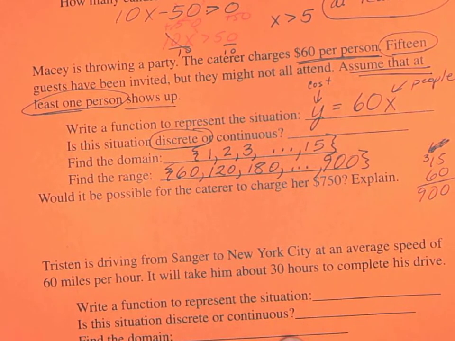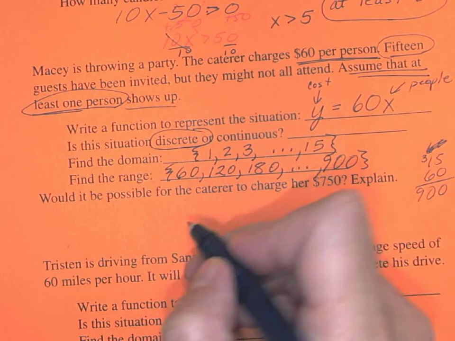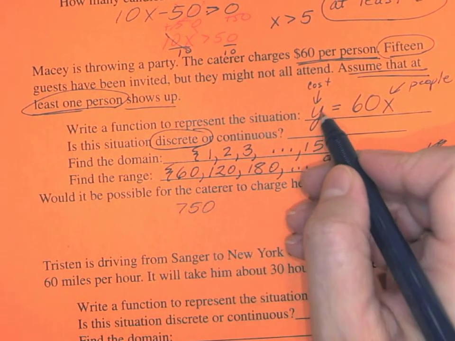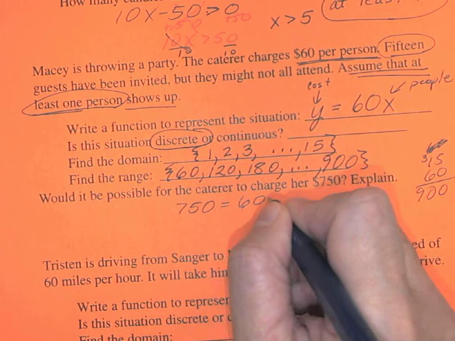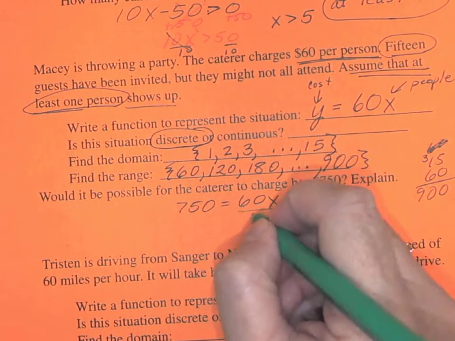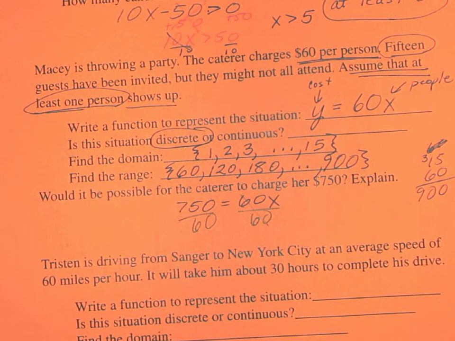Would it be possible for the caterer to charge her $750? Well, there's a lot of ways you could do this, but I'm going to substitute for Y. Can the cost be $750? Well, if you divide this by 60, does it come out to a whole number?